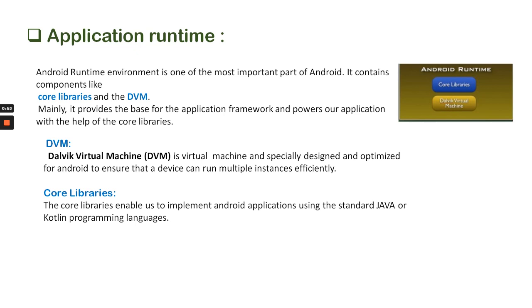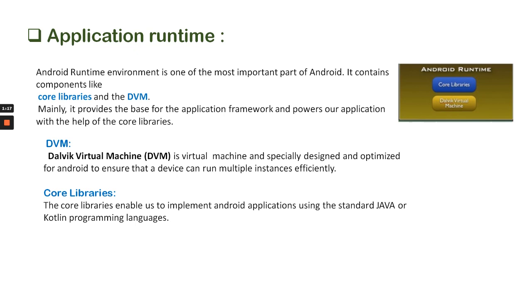It is a virtual machine that's specially designed and optimized for Android to ensure that a device can run multiple instances efficiently. Means when we use our Android mobile, we are able to do multiple tasks at a time. For that purpose, we need DVM, that is Dalvik Virtual Machine.